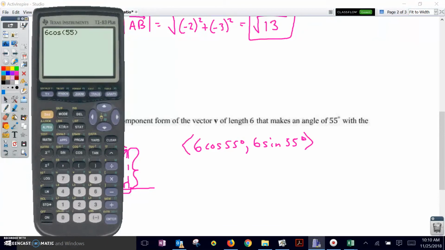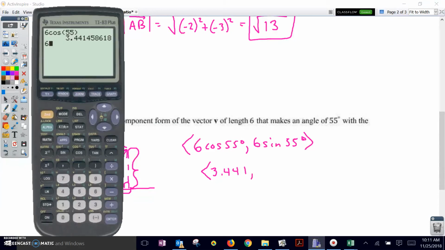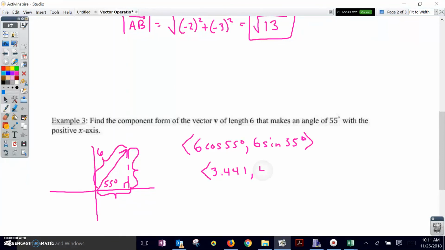So I'm going to go in and switch my mode over to degree mode. Maybe it's there and I'm just overlooking it right now. We get 3.441 and 6 sine of 55, 4.915.